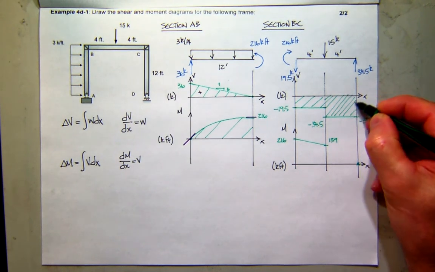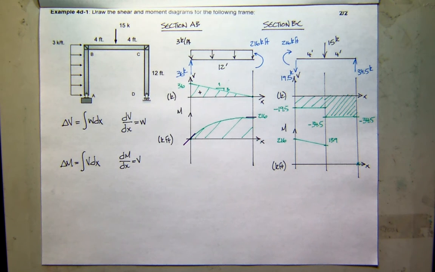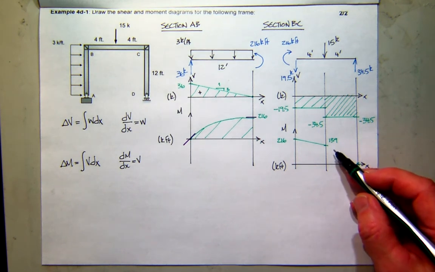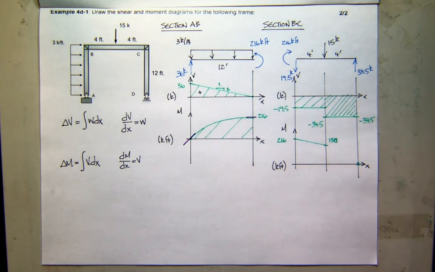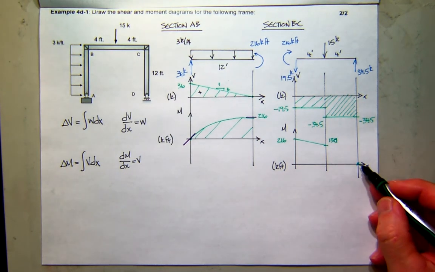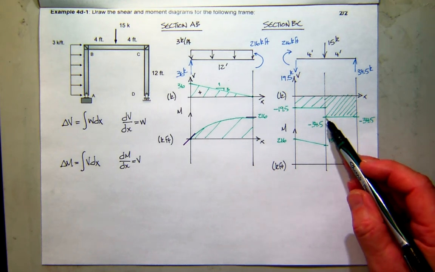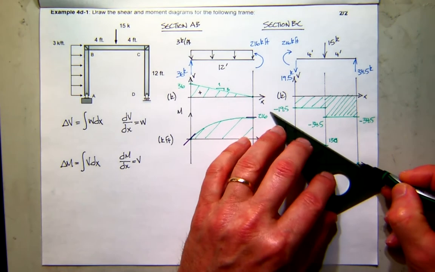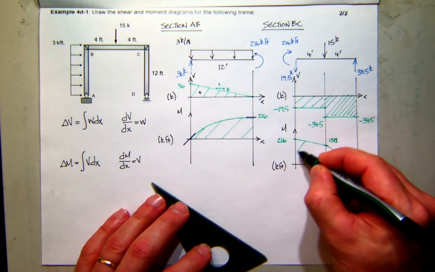What is that area? Well, it's 4 feet times negative 34.5. Hopefully that's 139. It should be 138. Okay. Does that get you to 0? It does. And of course, the slope of this line is given by the load. You can see the load is constant and negative, and a steeper slope. So you do get a little bit of a bend in it. So there's your moment diagram.